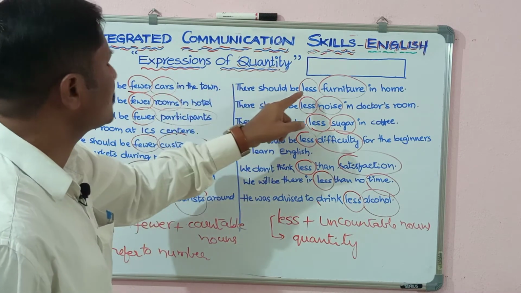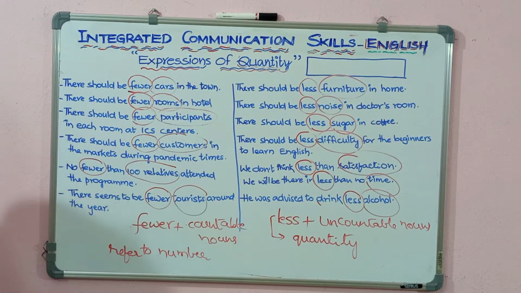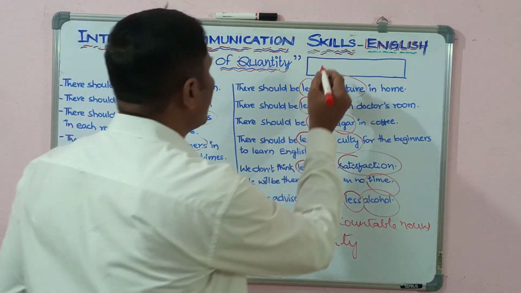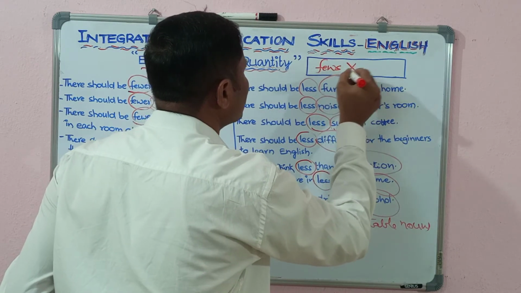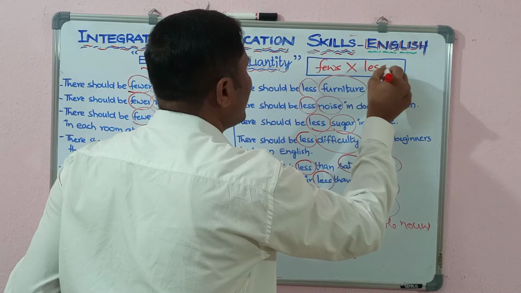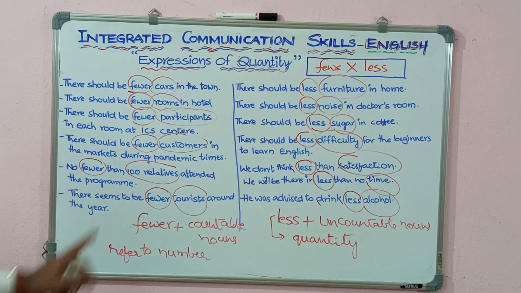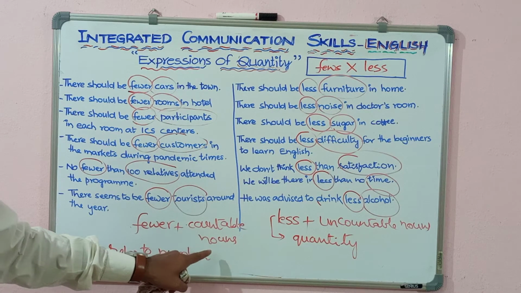Okay, so let me repeat this topic. Fewer and less, how they are used in sentences has been brought to you in this class. So our topic, fewer versus less, how these two are used in sentences. When we write fewer, we should use countable nouns after that.